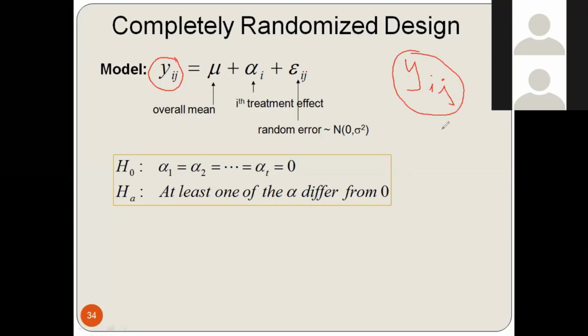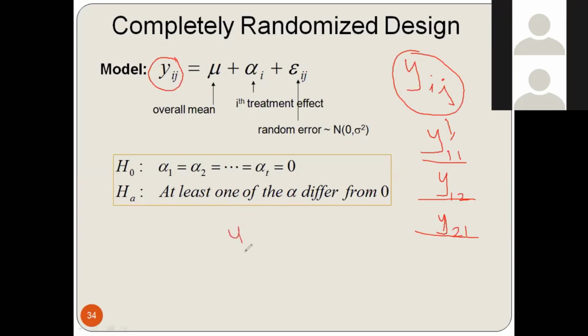Each observed value, for example y11, y12, and likewise y21. So these are different values. Each of these is a different observed value. I will come to that explanation. So this observed value, let's say yij.